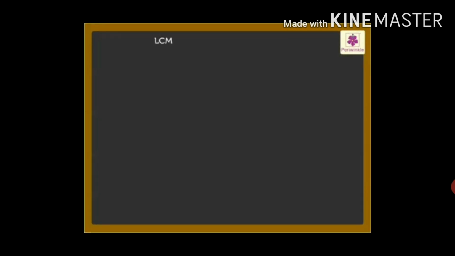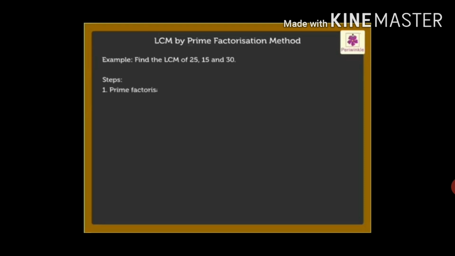Let us revise finding the LCM by the prime factorization method, which we learned last year. Let us find the LCM of 25, 15, 30. We begin by finding the prime factorization of each number.